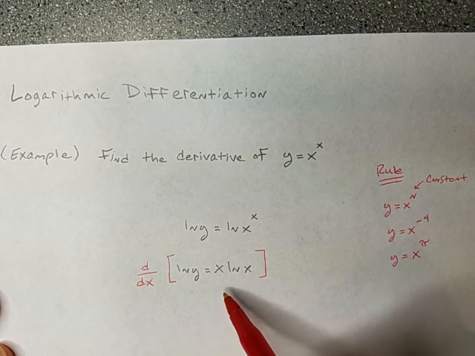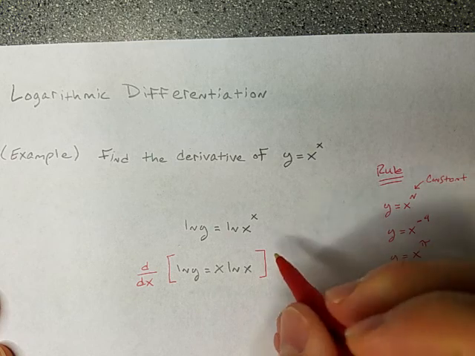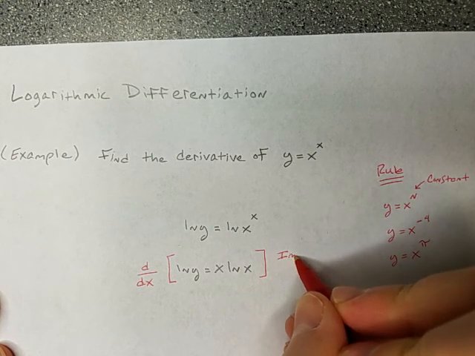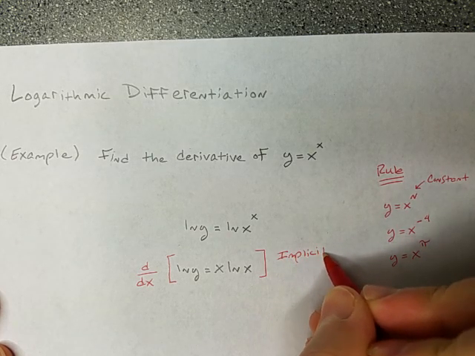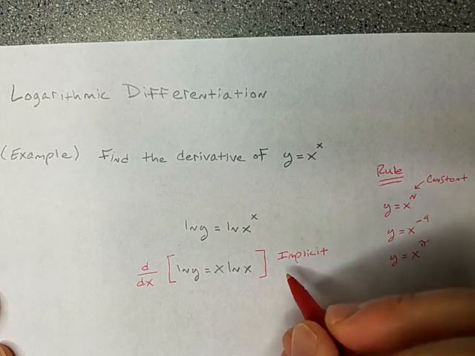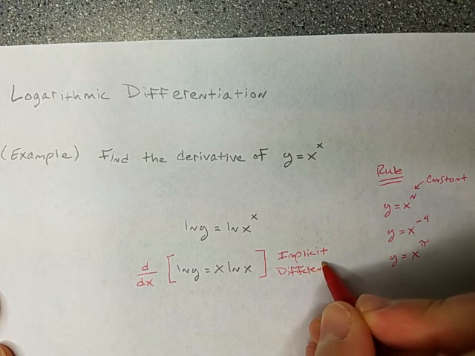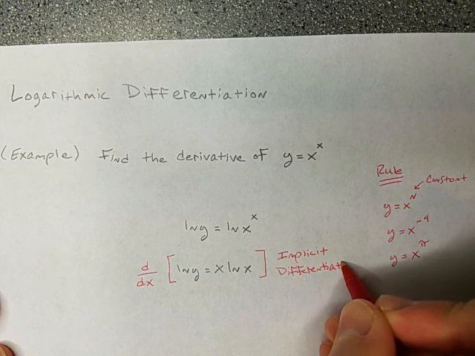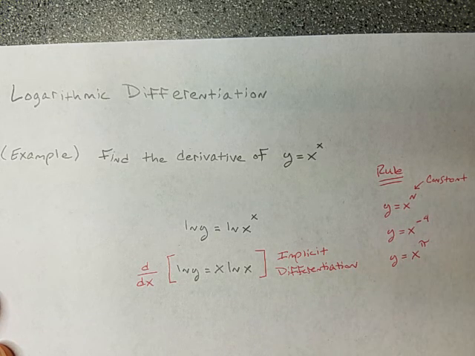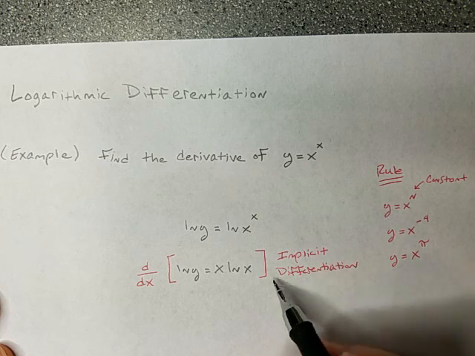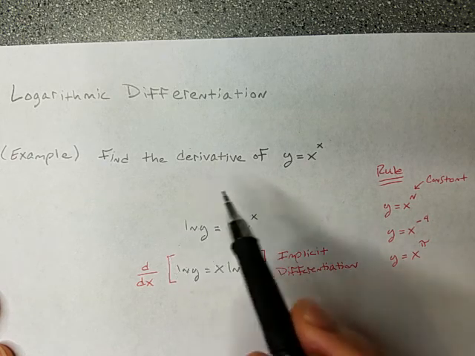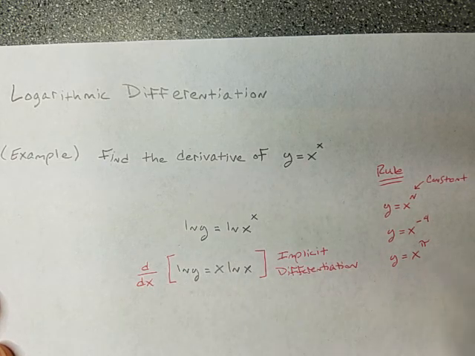So it implicitly defines y as a function of x. There's this technique that we've seen that we will use here. It's called implicit differentiation. No doubt you've seen problems like that before. If we're to this point, that's the technique that you use.